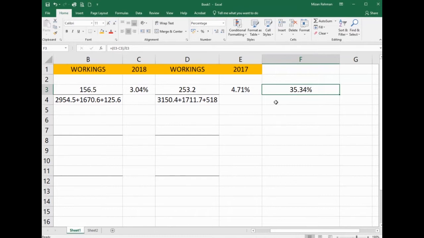It could be the case that Marks and Spencer's ROCE has decreased by 35%, but maybe the competitor's ROCE has decreased by 50%. That means Marks and Spencer is doing much better than its competitors. Or maybe the competitor's ROCE has decreased by only 10%, or maybe it increased.